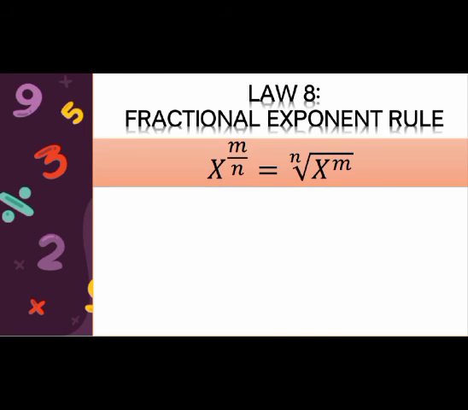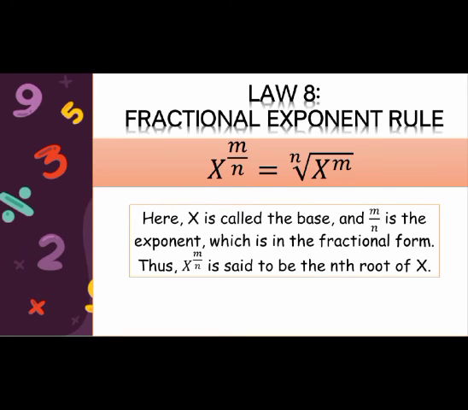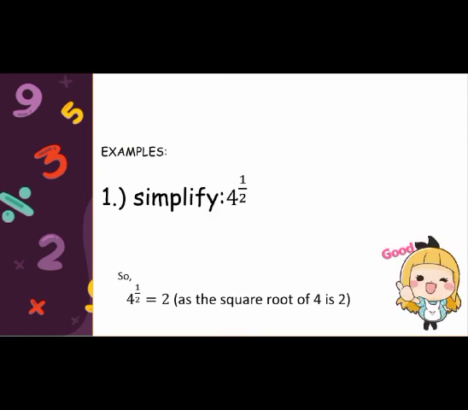So our last rule will be the fractional exponent rule. Here, x is called the base, and m over n is the exponent, which is in fractional form. Thus, x to the power of m over n is said to be the nth root of x to the power of m.